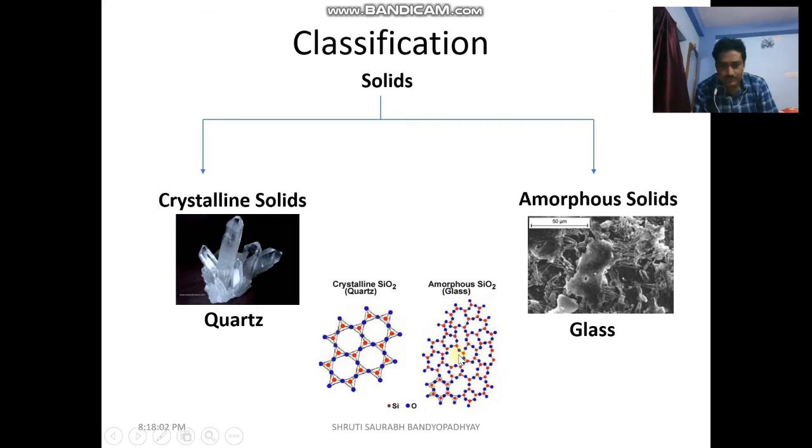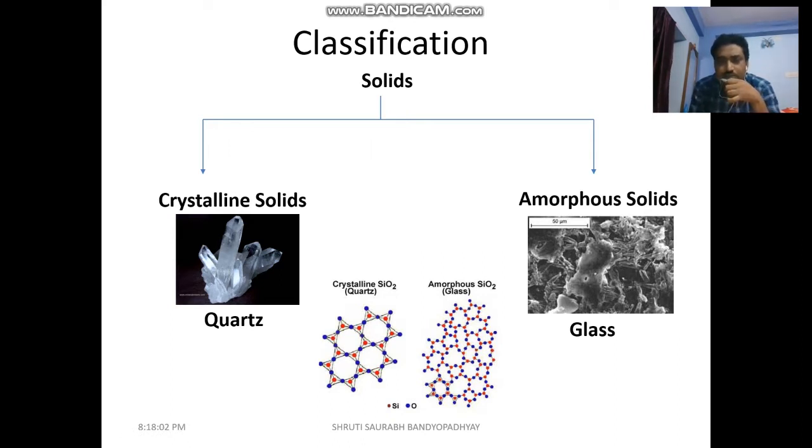The only difference between the internal structure of quartz and glass is that quartz has a definite geometric pattern, or we can say a long range order of arrangement of particles, which is missing in case of glass. Look here, some ordered arrangements are shown here, but that arrangement does not proceed too far, that is they are short range order only. Okay, so that is one basic difference between crystalline and amorphous solid.